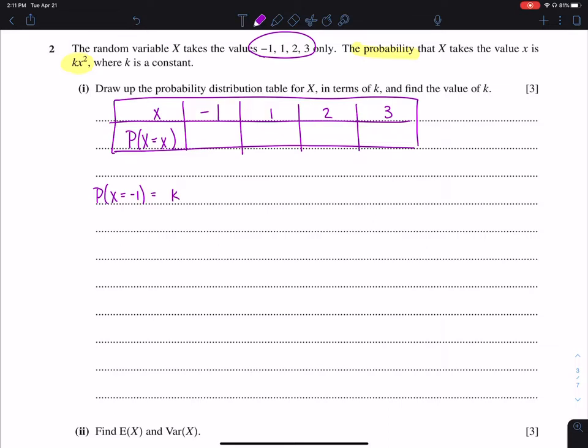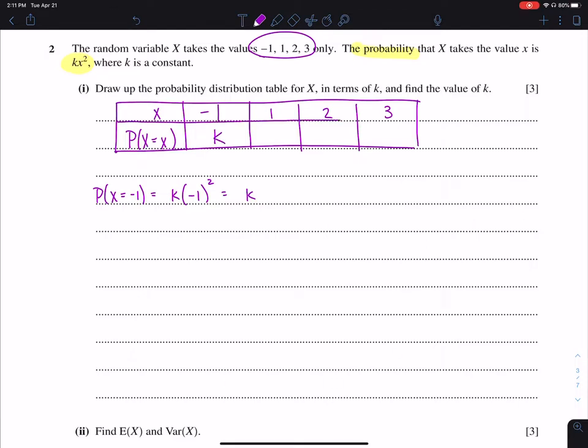So k times, and then you plug in your x value. So for this first one, if you plug in a -1 and then square it, that comes out to be k times +1 or just k. So in this first spot, we're going to put a k.